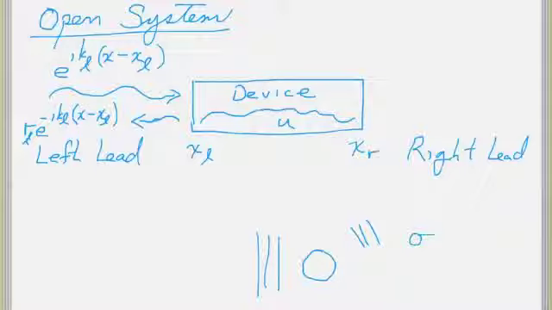Okay, so that's my reflected wave. So I send in this plane wave. Some of it's going to be reflected, and some of it's going to come out the other side. It's my transmitted wave with some transmission amplitude T sub R e to the i k_R (x minus x sub R). Okay, that's my transmitted wave.